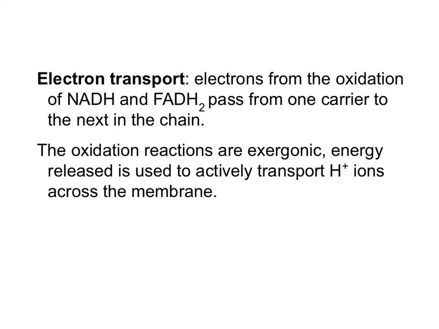Electron transport: electrons from the oxidation of NADH and FADH2 pass from one carrier to the next in the chain. The oxidation reactions are exergonic. Energy is released and is used to actively transport proton ions across the membrane.